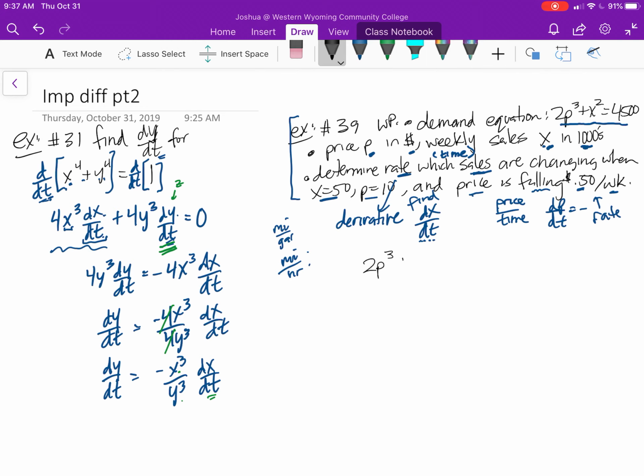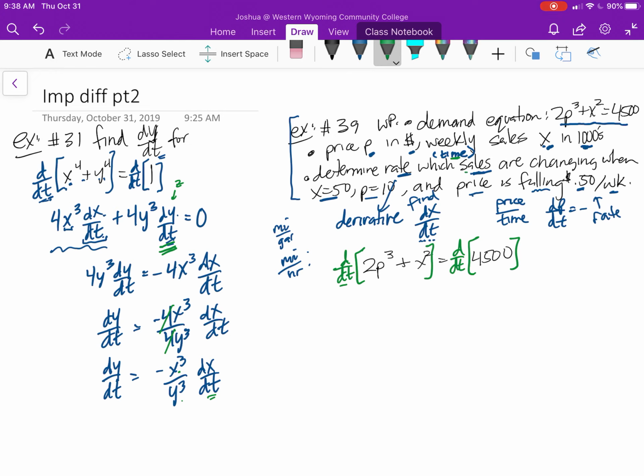Okay, so let me rewrite this problem. And now odds are in a word problem with derivative, it's with respect to time. I'm taking the derivative. I'm trying to find these rates of change with respect to time. Okay, determine the rate at which sells at some time are changing.